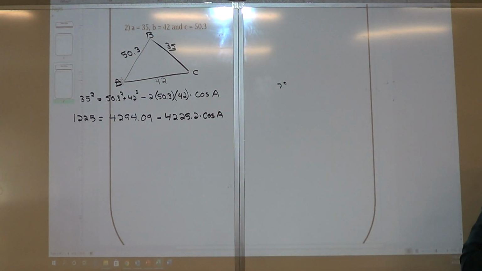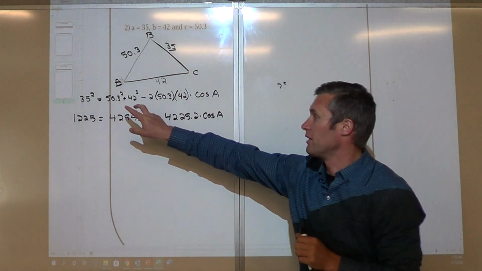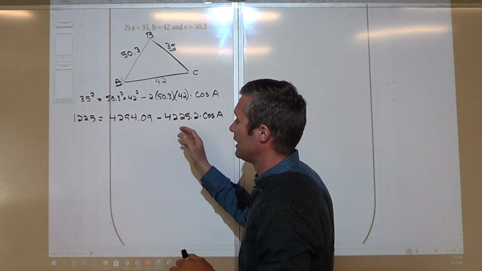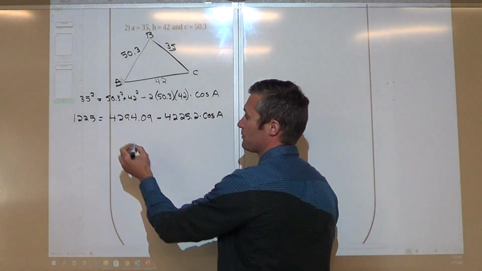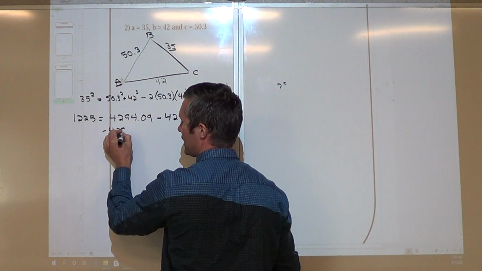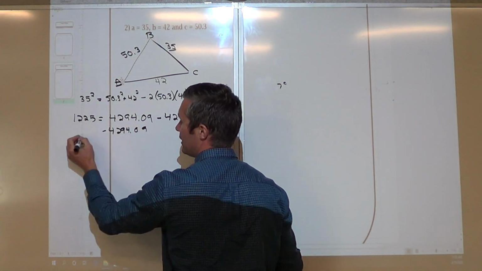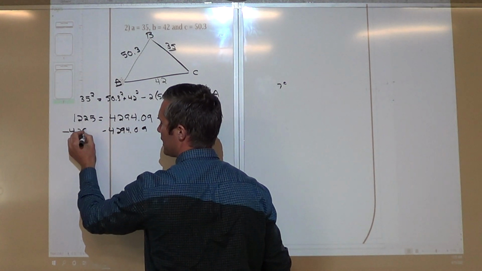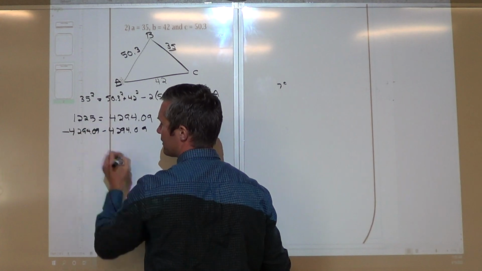So I just, again, jumped ahead. I just computed those two squared, added that. Then I would subtract. So I'm subtracting 4,294.09 from 1,225.